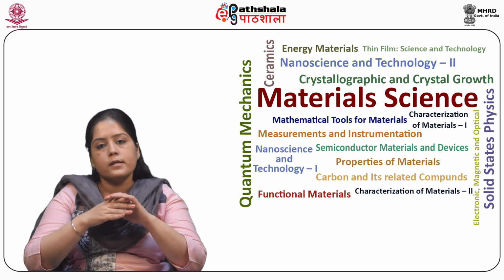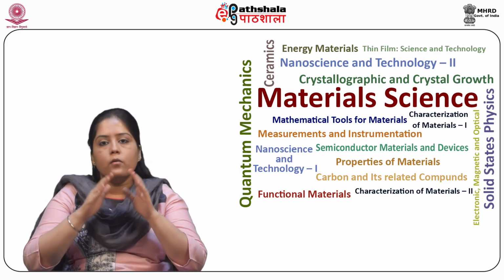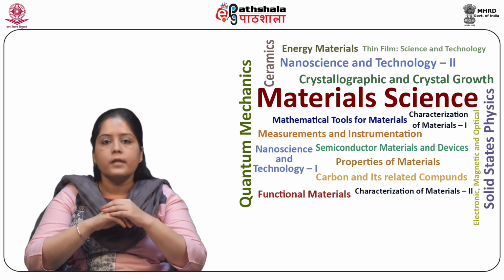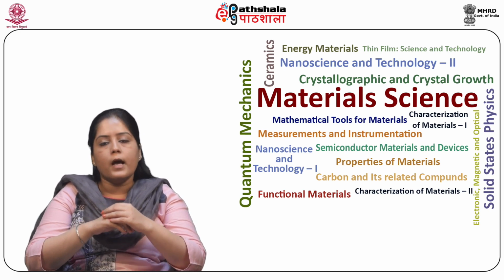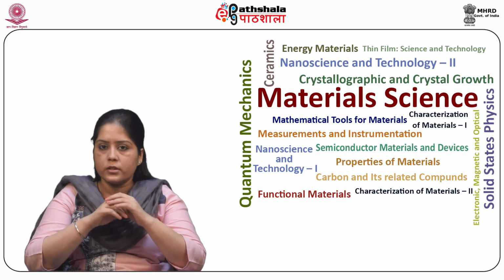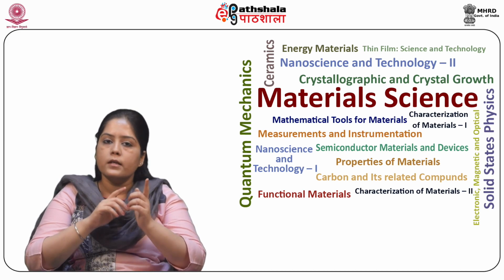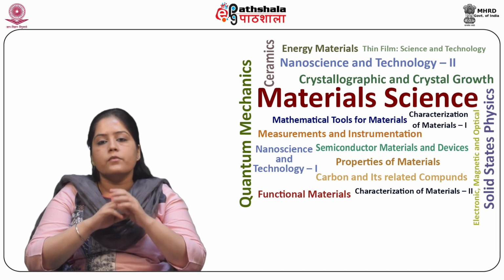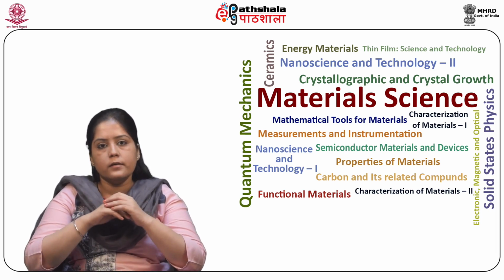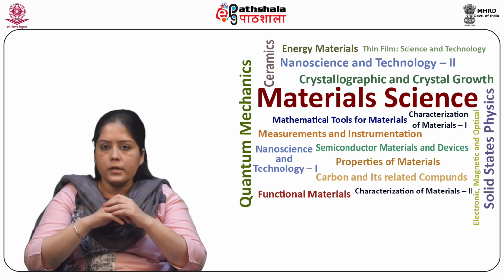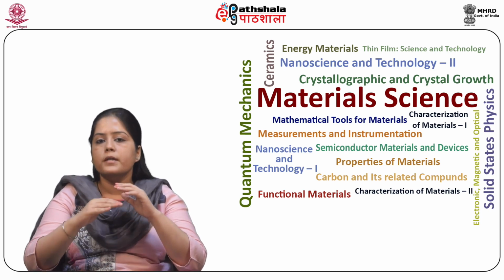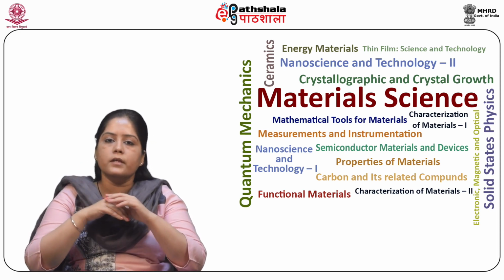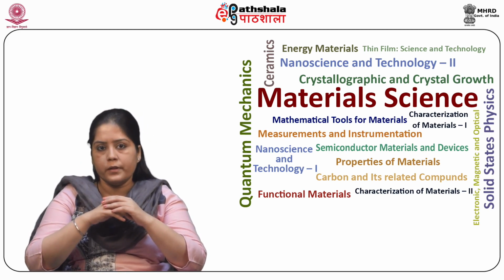So students, let us summarize what we have learnt in this module. A semiconductor has an electronic structure in which one band is completely occupied by electrons, which is called the valence band, and it is separated by the forbidden energy band from the next band of allowed states.